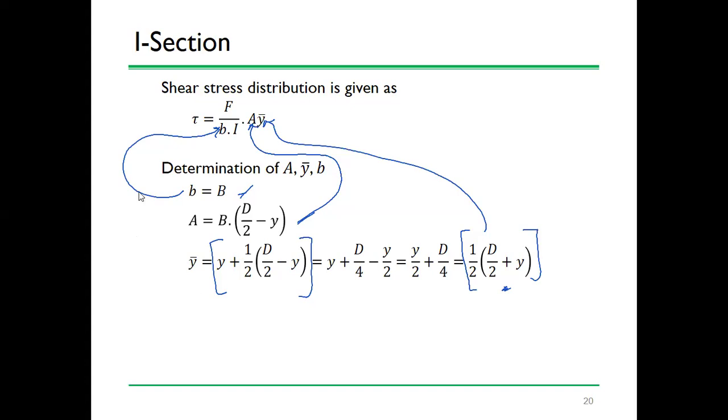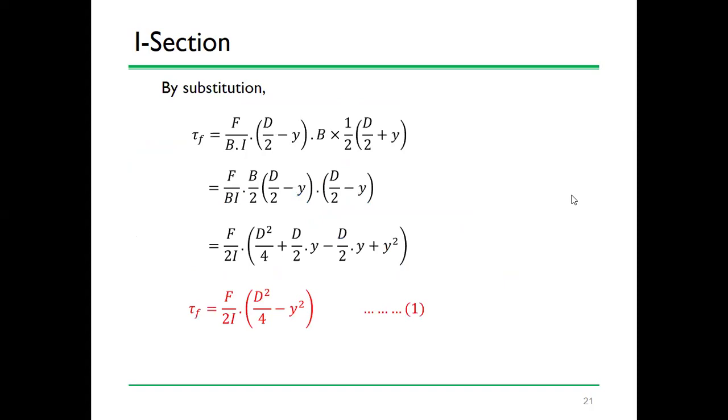Now, when we do that substitution, I want to make it known that because we are dealing with a flange, I'm using tau F, meaning the shear stress in flange. Then after substitution, you simplify it.